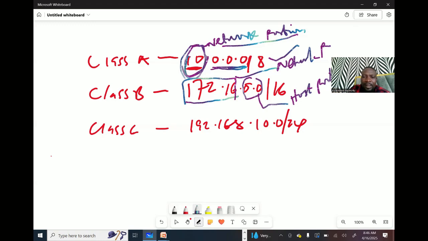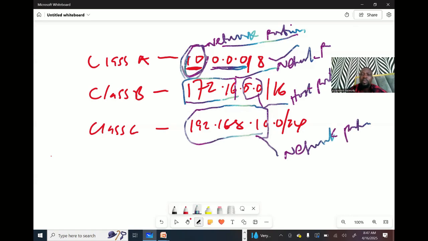While in class C, the first 3 octets are for the network portion, while we have just 1 octet for the host portion.